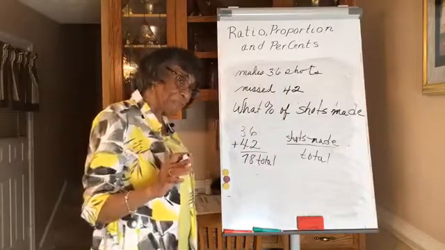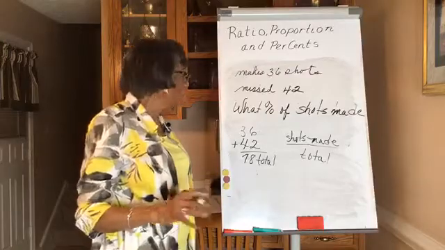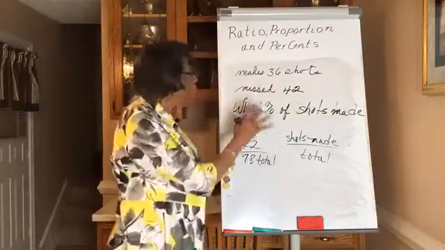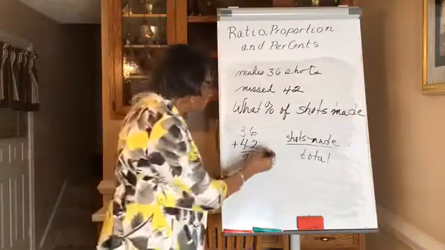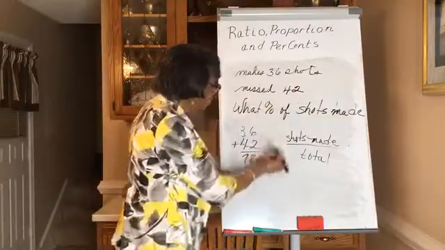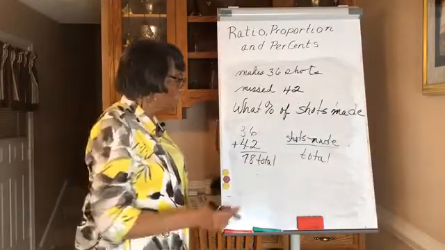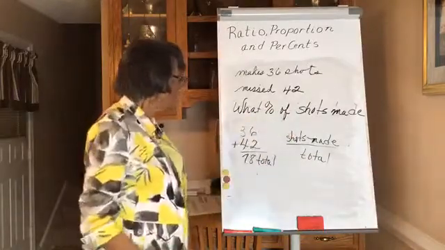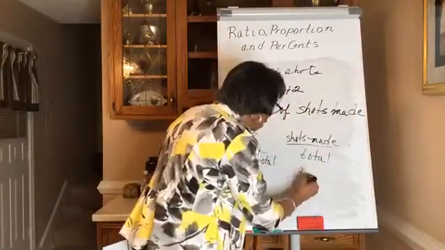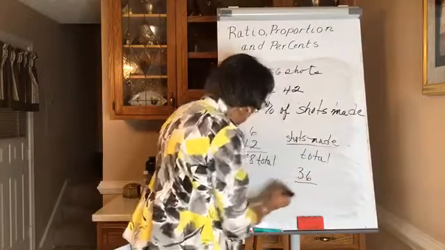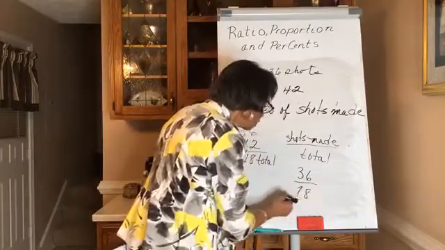And parents, help your children learn to read math, because they know how to find this. But what should probably have tripped them up is that they didn't realize that we're talking about the total number of shots. Okay, so now it's just a plug in. So the shots made, what, 36? Okay, and the total number, 78.